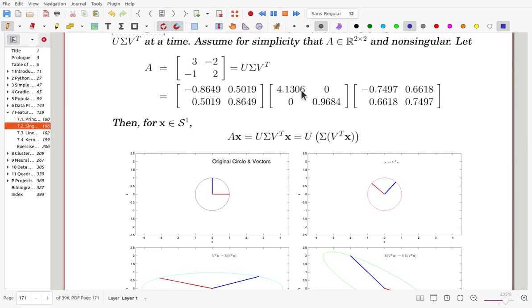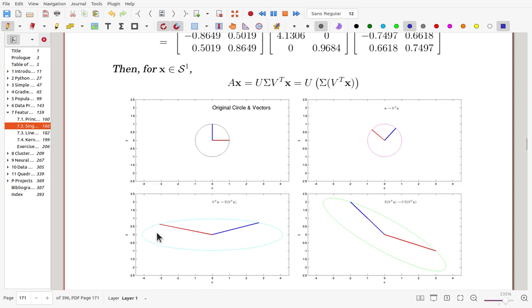The other scaling factor is almost 1. So as you can see here, the circle is enlarged in the x direction 4 times larger. And then again U is a sort of rotation matrix, so that one is rotated to become this one.